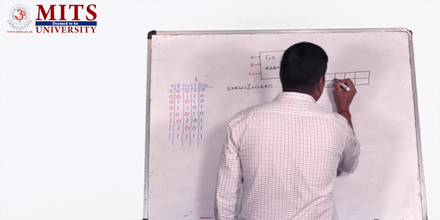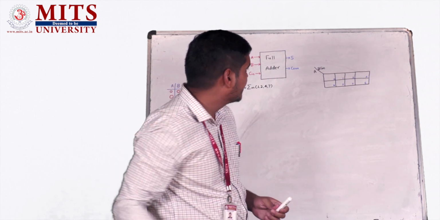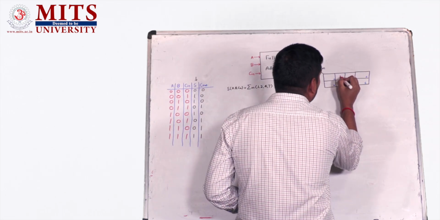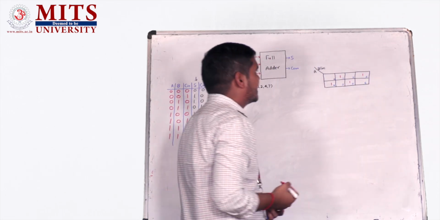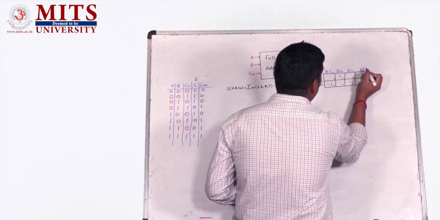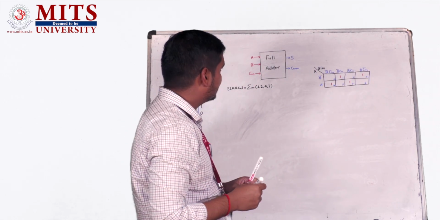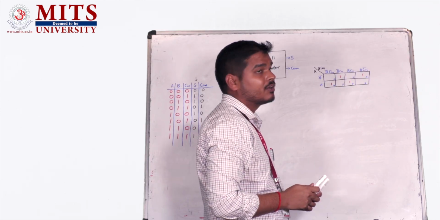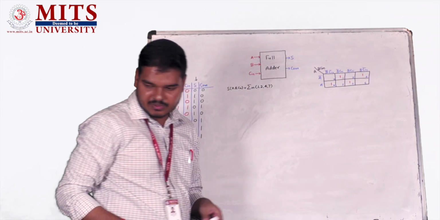Let us fill the K-map. So 1, 2, 4 and 7. As we can see here, it is not possible to group any of these min terms, any of these implicants. We cannot group them. So we have to write this expression here.